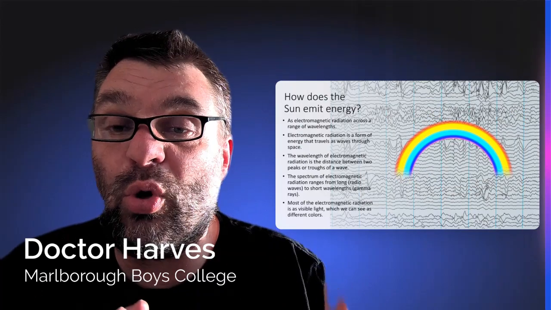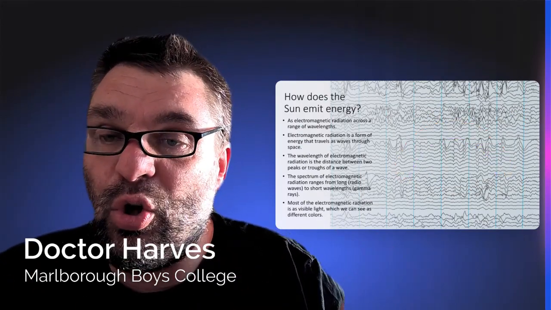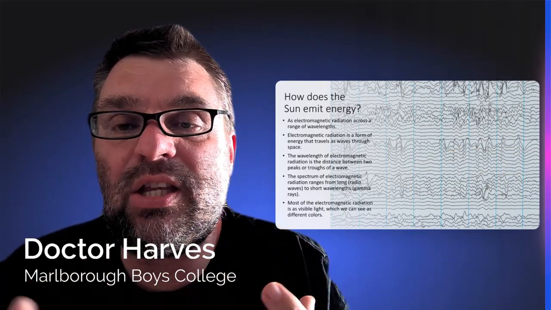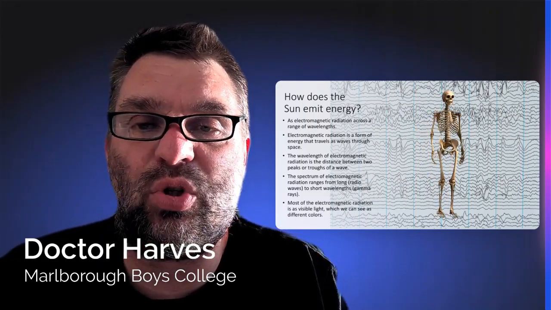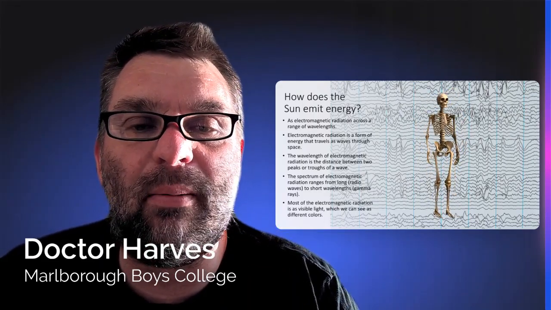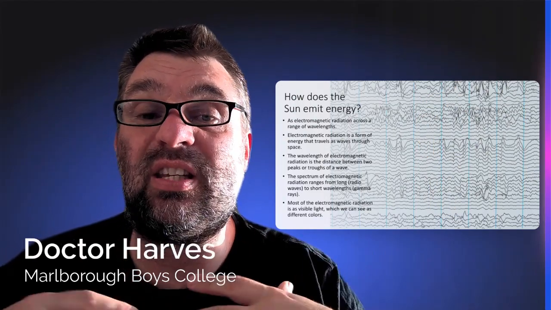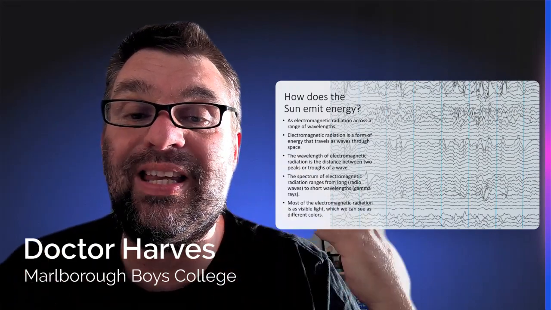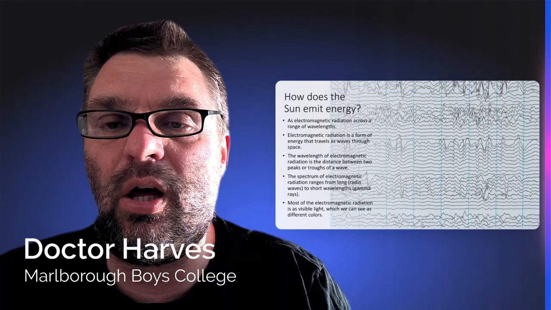Visible light, so that's your Roy G. Biv, your red, orange, yellow, green, blue, indigo, and violet. Then we move into the UV, which we have to be careful of here in New Zealand due to the risk of skin cancer, because it's getting higher energy. And then we have X-rays and gamma rays, which are the shortest wavelengths, which have the highest amount of energy. Most of the radiation that's emitted from the Sun is in the form of visible light, which we can, of course, see, and has a range of different colors, which we've just previously outlined.